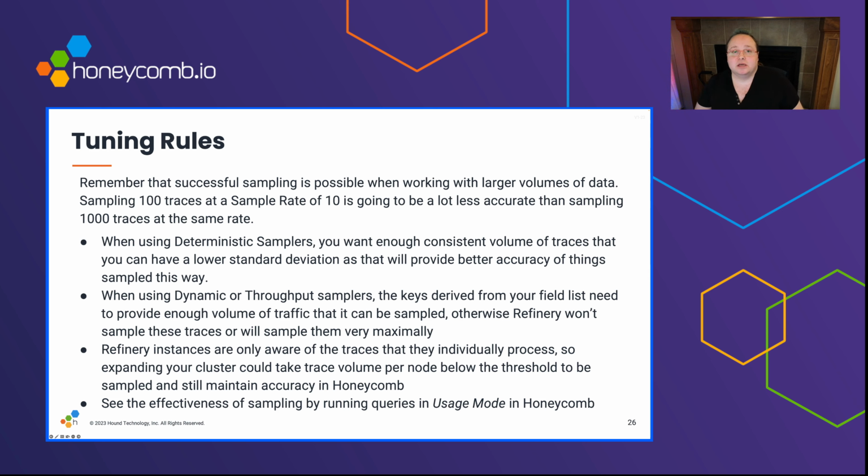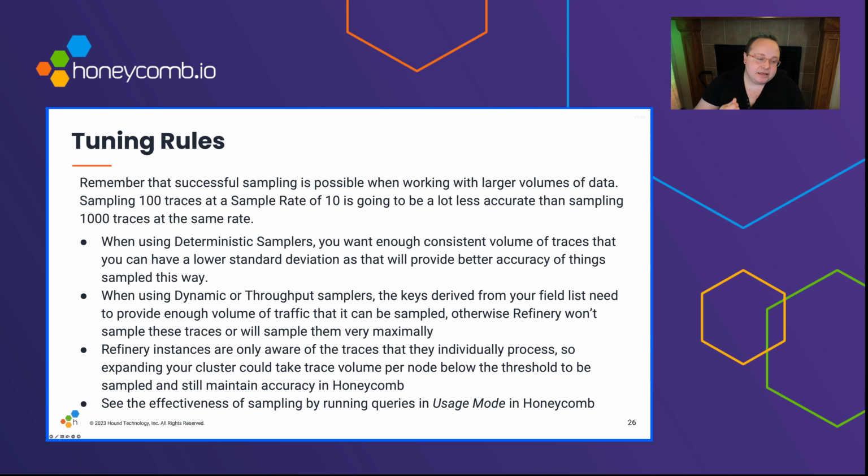If one key saw 5,000 traces a second on one Refinery instance, and then you have 3 Refinery instances, it's going to break that down, and they're going to see about 1.3 thousand traces per second. So they're not going to get as high a sample rate as they would have on one node seeing 5,000 traces per second in that key. So just be aware of that.